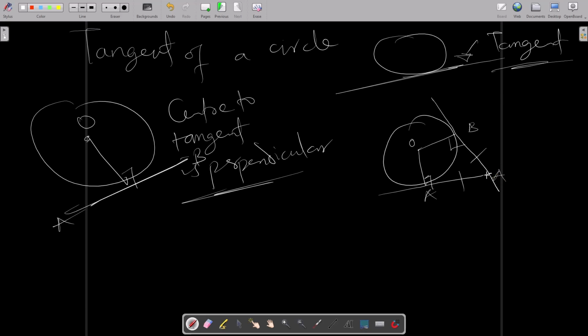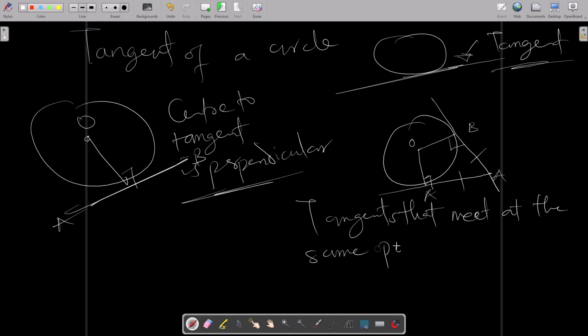So for two tangents, if they meet at the same point, they're equal in length. Okay. Alright, so let's take a quick example.